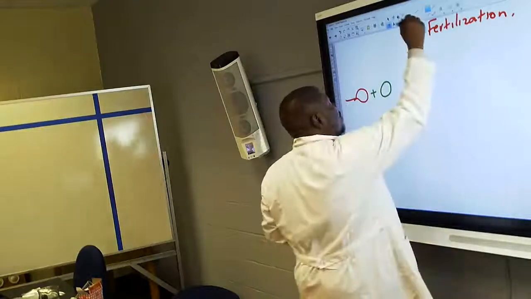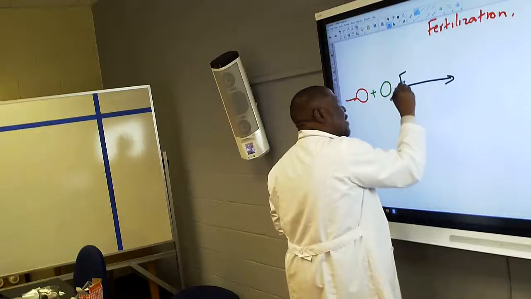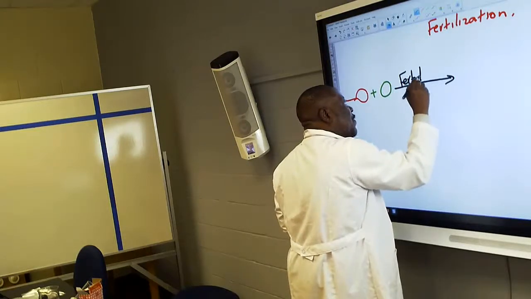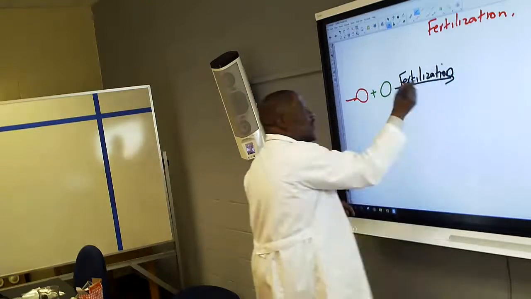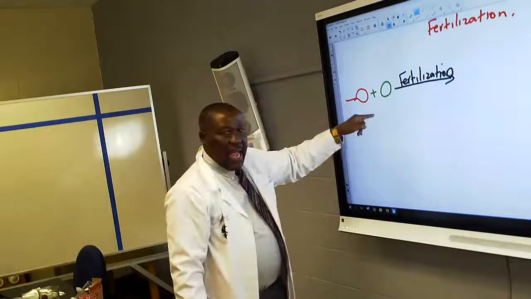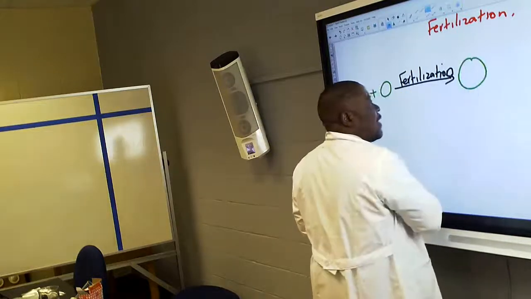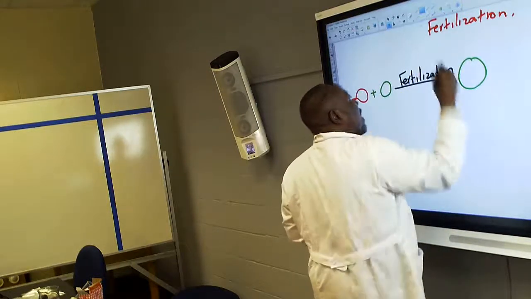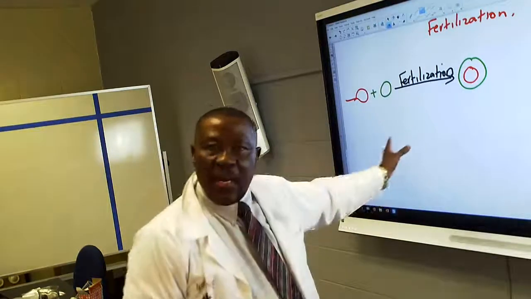So the sperm is going to enter the egg. I'm going to draw a line, and on that line you write the word fertilization. You cannot have fertilization without the sperm going to the egg. Now look at what is happening.